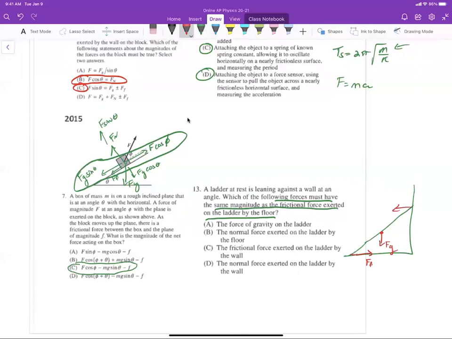And the only other force in the x direction is the force normal by the wall. There is one by the floor as well. I don't know if there's friction here or not. Doesn't matter, because it would be in the y direction. And all I care about is what is equal to this. And that has to be force normal from the wall. That would be C.